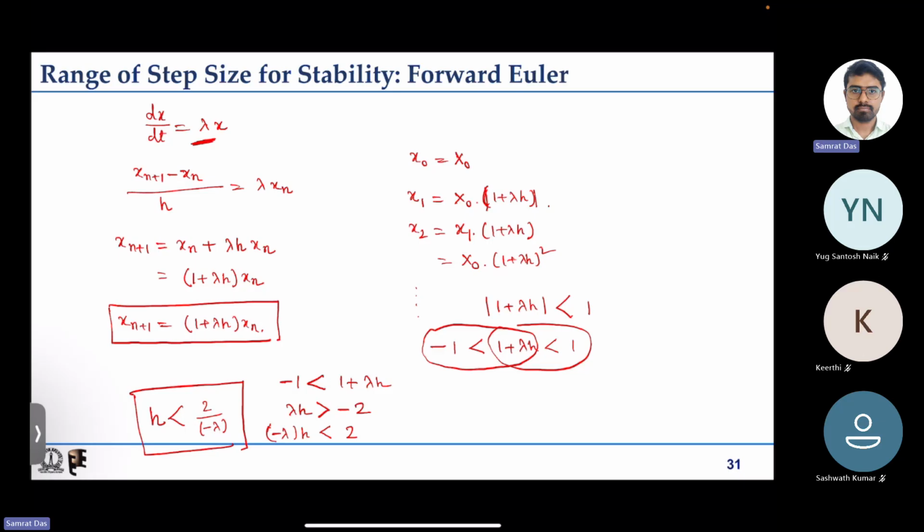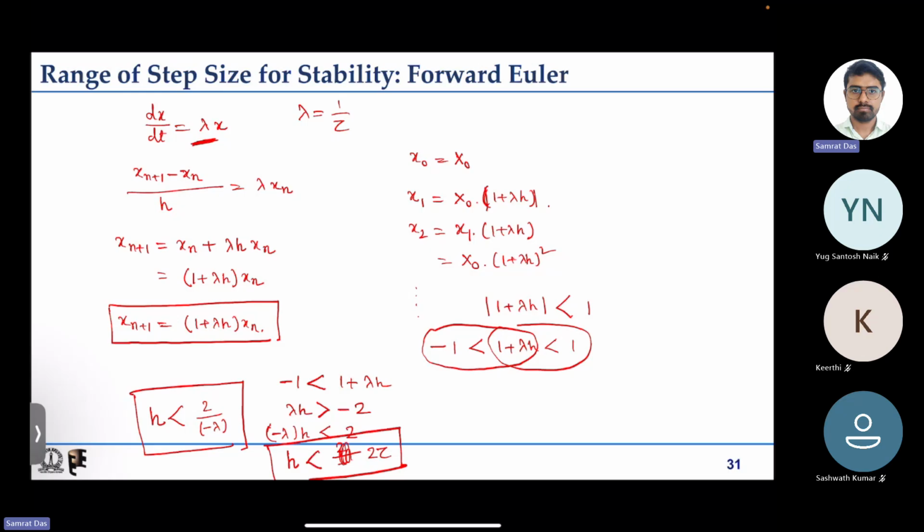So what is lambda? Lambda is nothing but the reciprocal of the time constant. If it is a system with only one time constant, then lambda is nothing but 1 by time constant. So this equation tells us that h has to be lower than 2 times the time constant of the system.